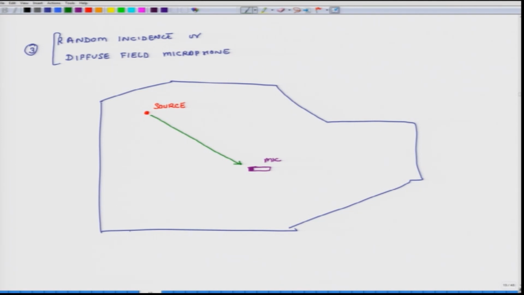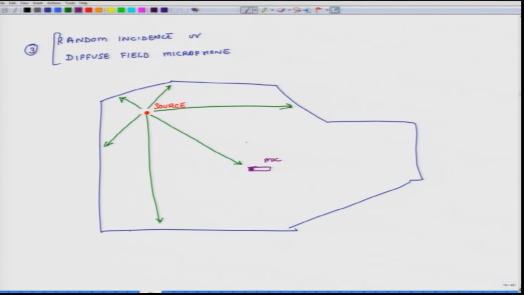But this source is not only emitting noise in the direction of the mic, it is emitting noise in all directions, right. And what happens when these sound waves hit the walls?